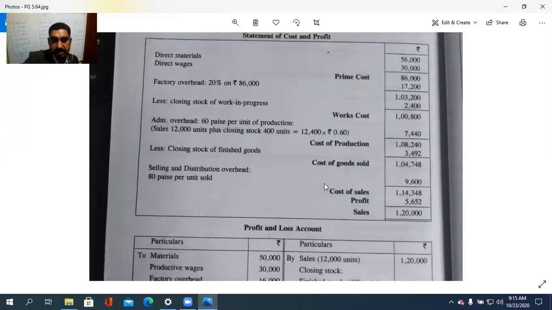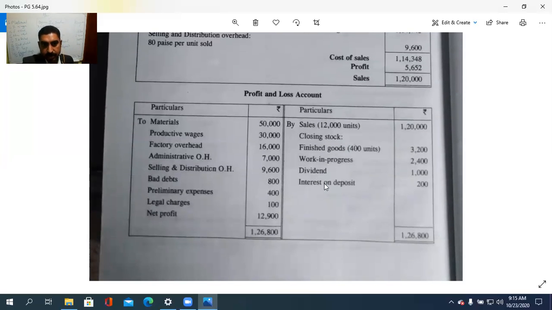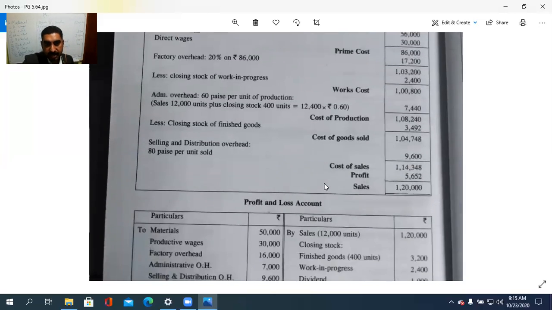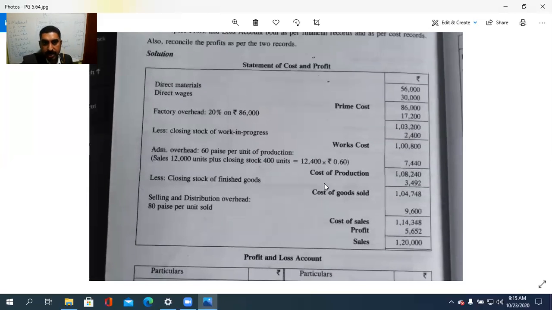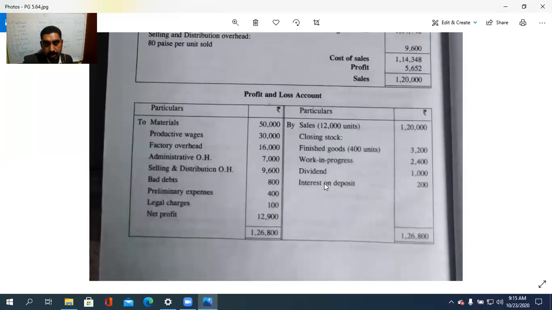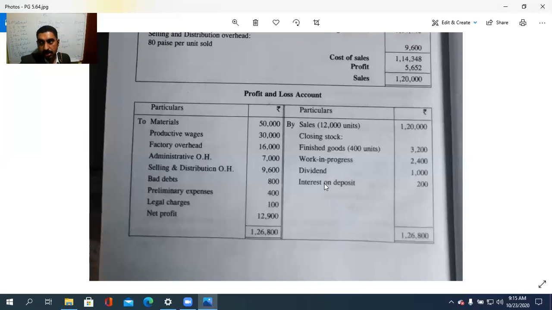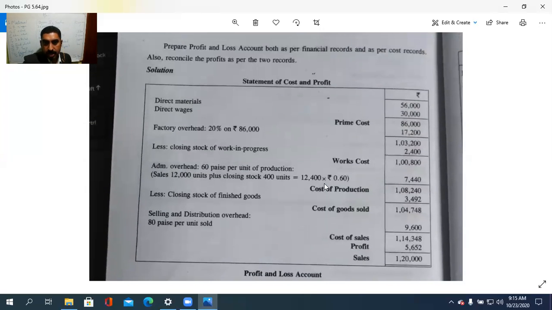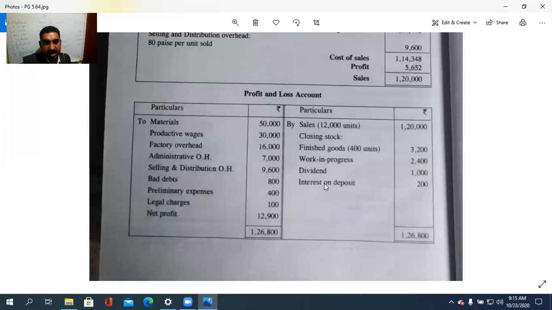Direct material 56,000. Here material is 50,000. Wages 30, not a problem. Factory overhead 17,200. Here it is 16,000. So what is there? Over absorbed in the financial books. Then administrative overhead 7,440. Here it is 7,000. Selling and distribution, no change.